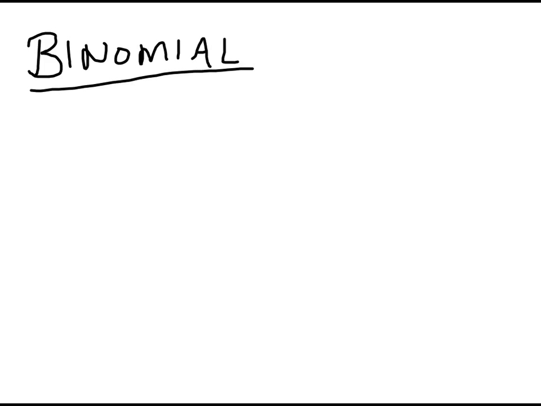And the first distribution we're going to work with is called binomial. What we mean by binomial is that there are only two choices. So you could have true or false.